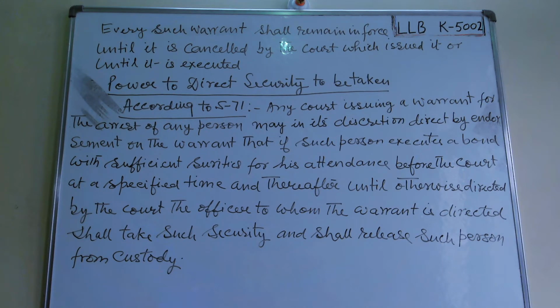According to section 71, any court issuing a warrant for the arrest of any person may in its discretion direct by endorsement on the warrant that if such person executes a bond with sufficient sureties for his attendance before the court at a specified time and thereafter until otherwise directed by the court, the officer to whom the warrant is directed shall take such security and shall release such person from custody.